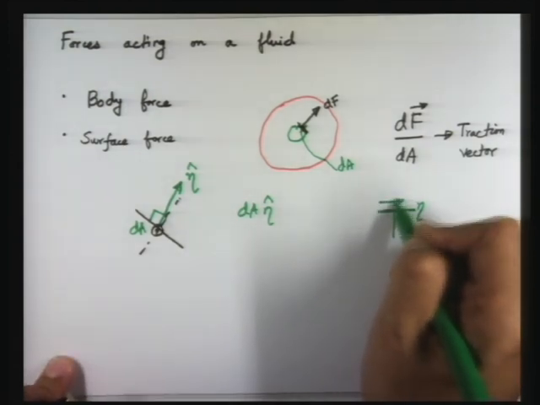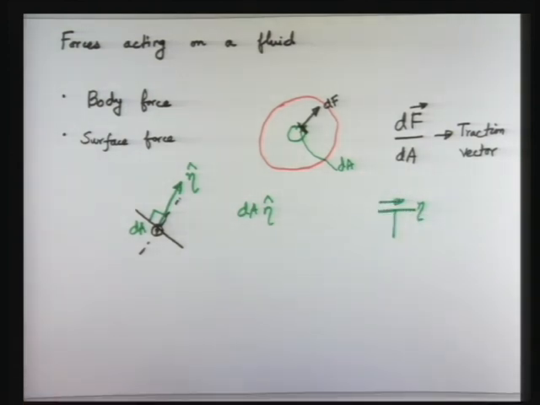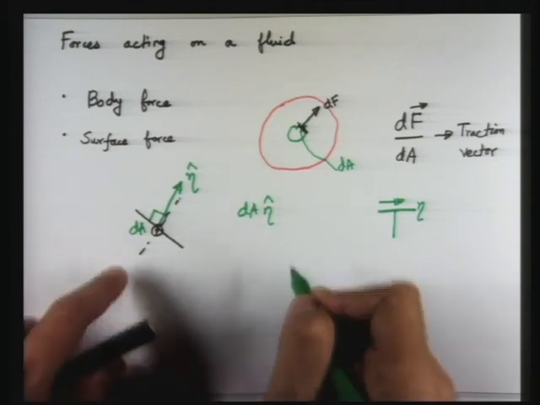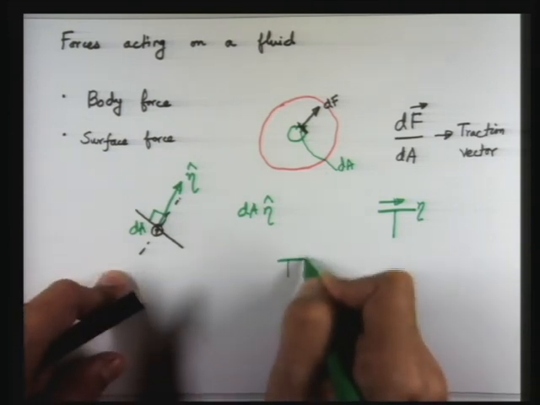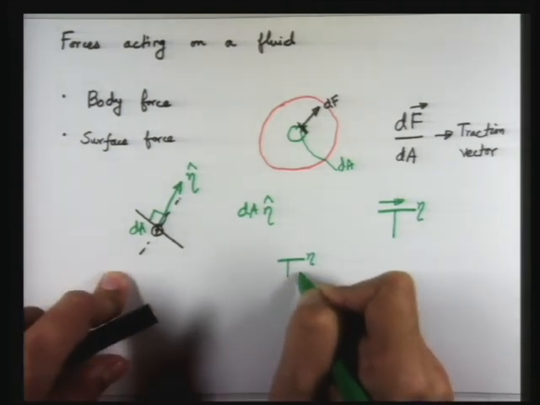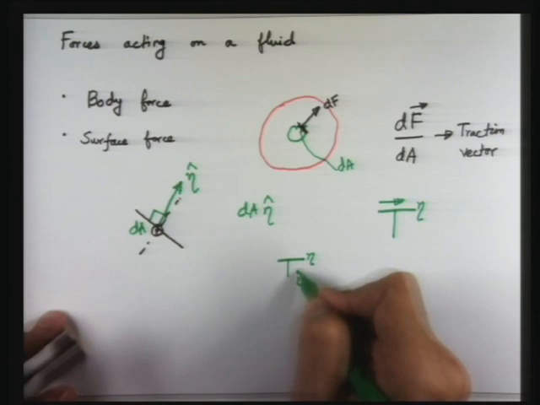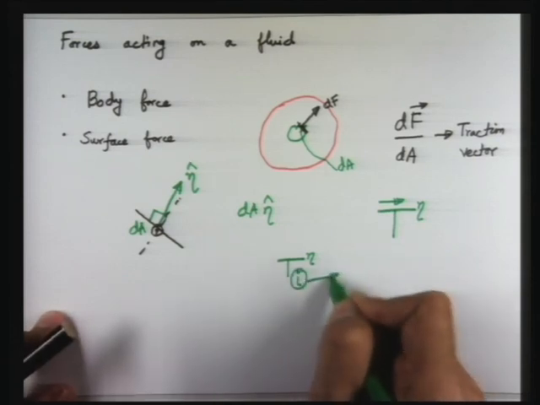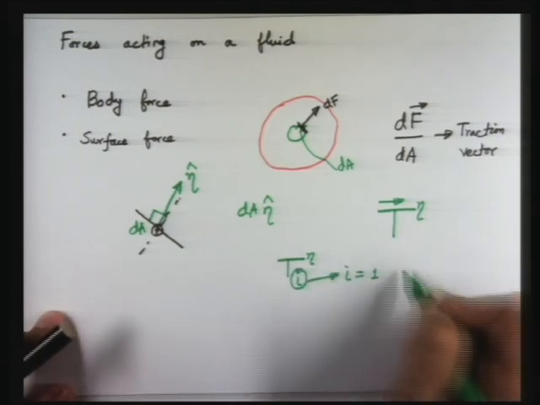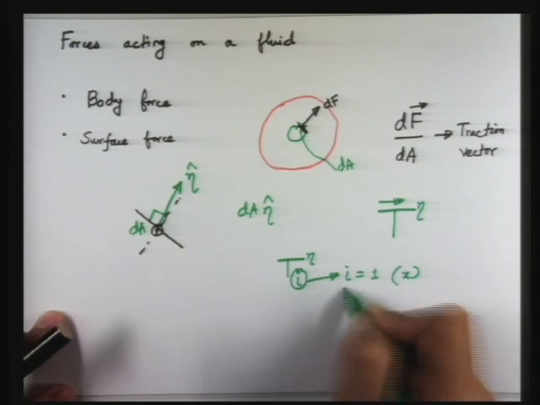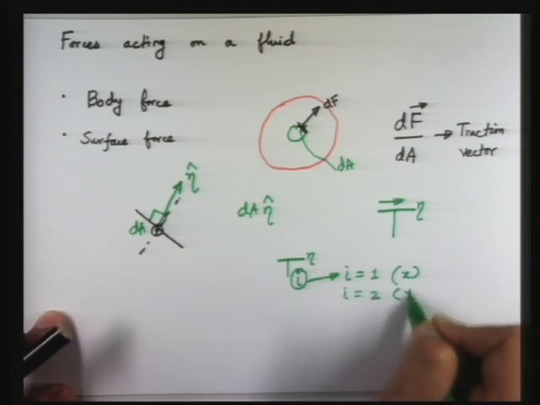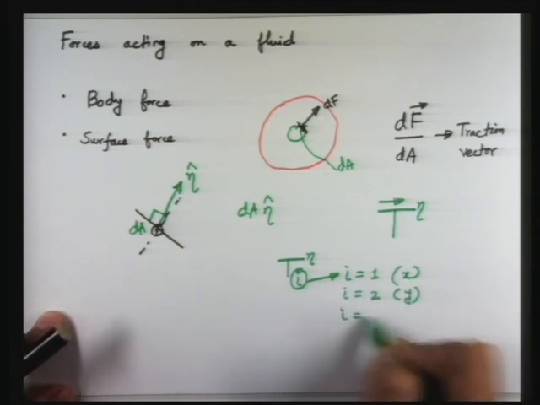It is also a vector because, like a vector, it has its own components. So its x component is given by this subscript I; I equal to 1 is x, I equal to 2 will mean y, and I equal to 3 means z.